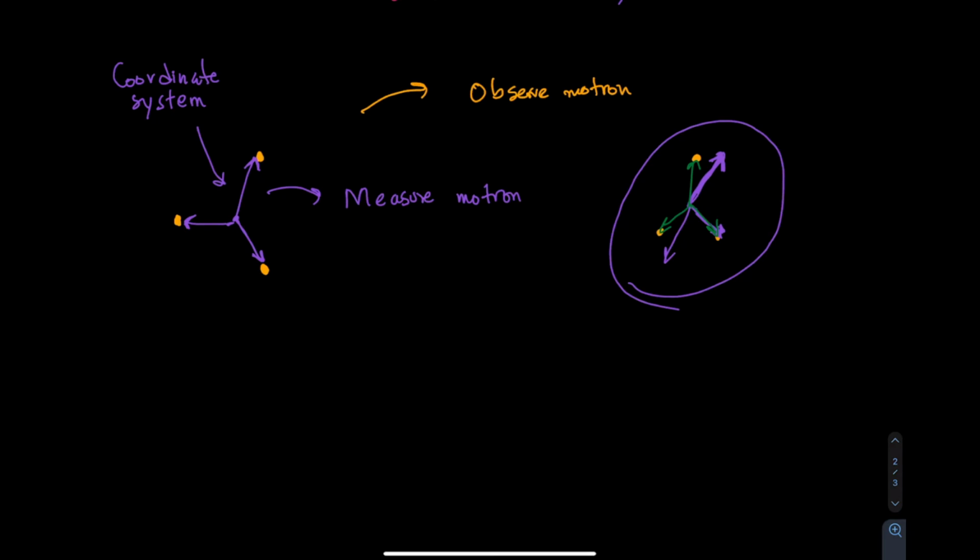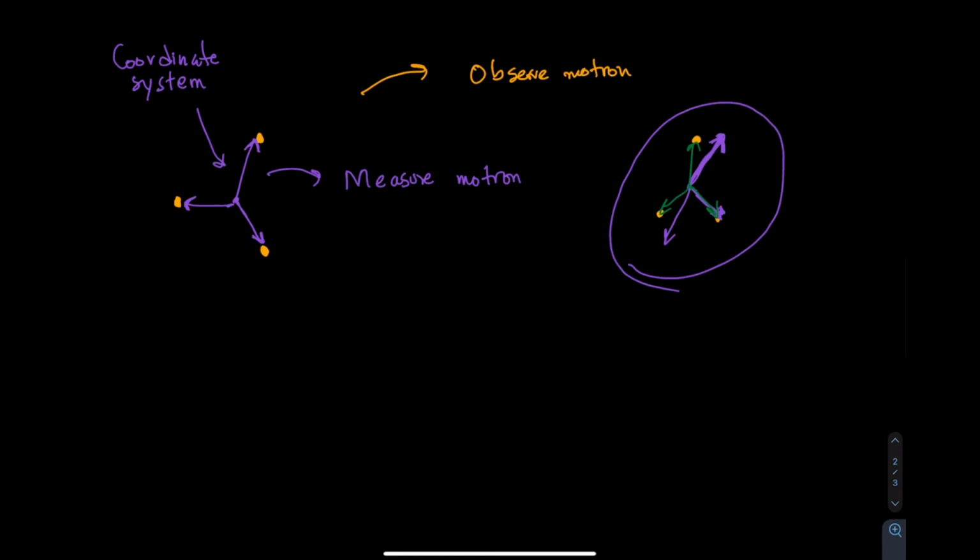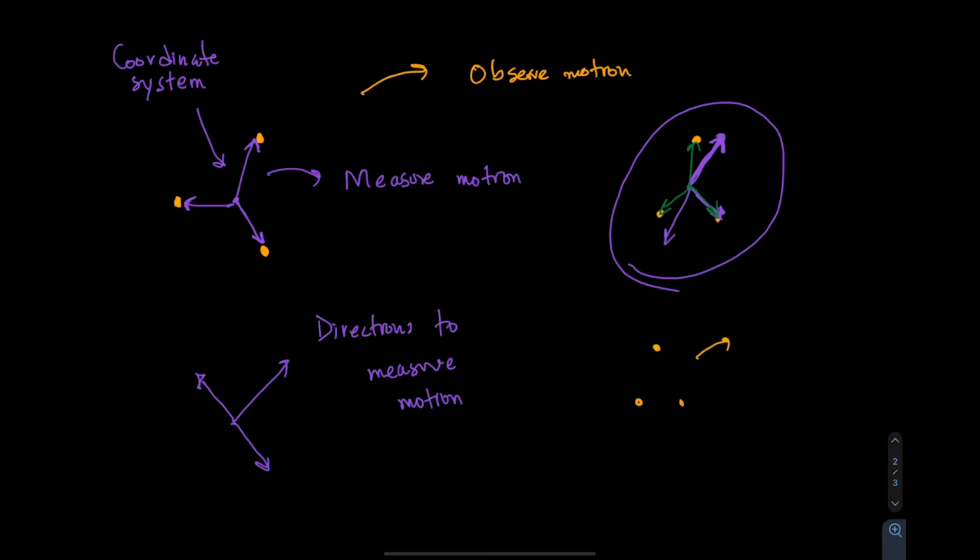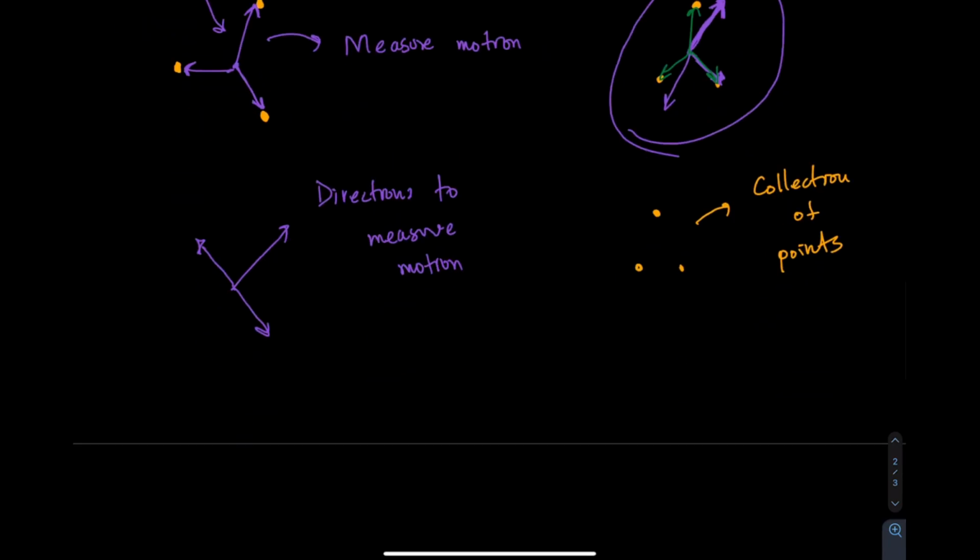All right, so to summarize, a coordinate system is normally defined by vectors or directions to measure motion, and a reference frame is a collection of points, which are normally fixed for many examples, but could also be moving at a constant speed.